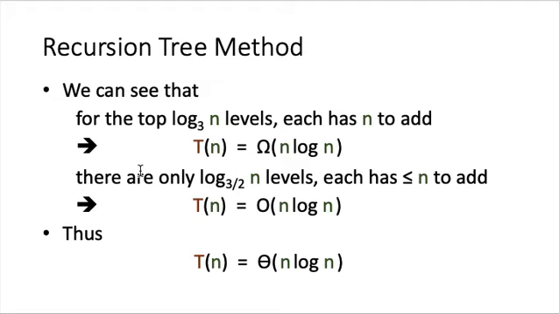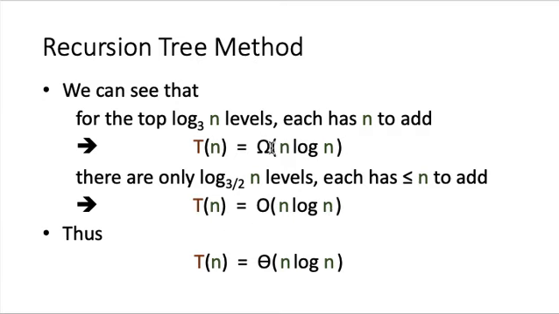But on the other hand, if we focus on the rightmost path, then we will see that there are at most log n base 1.5 levels. And then each level has a term less than or equal to n to be added. So in that sense, t of n is big O of n times log of n.